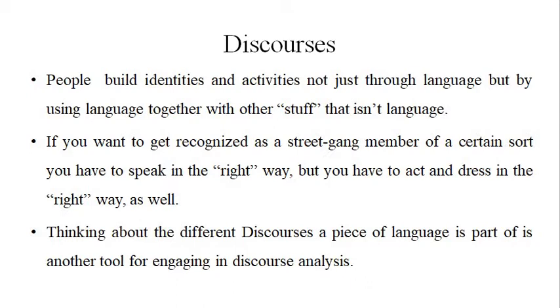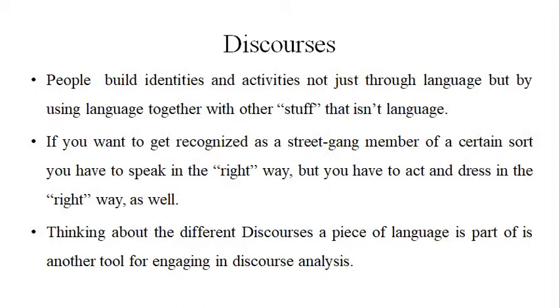One and the same person might talk, act, and interact in such a way as to get recognized as a street gang member in one context and in another context, talk, act, and interact in quite different ways so as to get recognized as a gifted student.